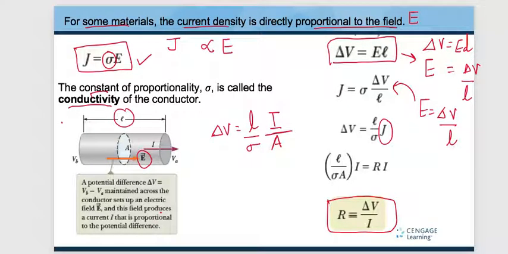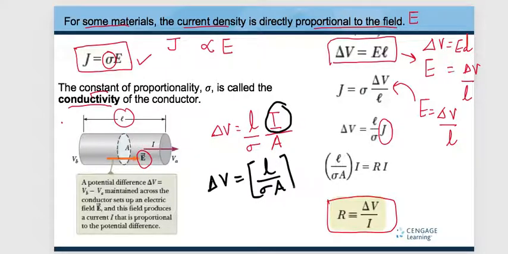So you can see that this I, we are going to keep separate. So we can write delta V is equal to L over sigma A, and we can keep I separate, inside.